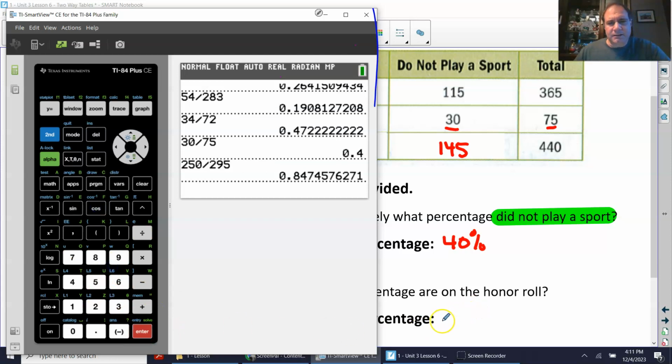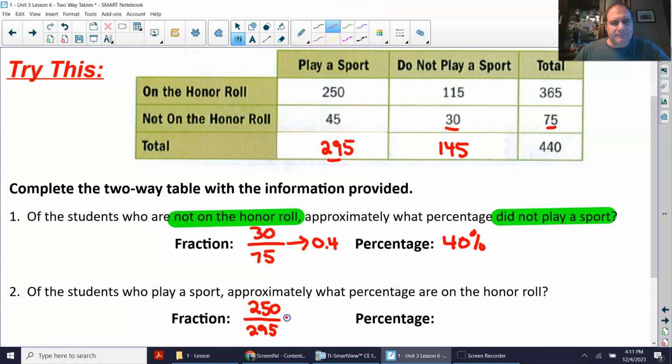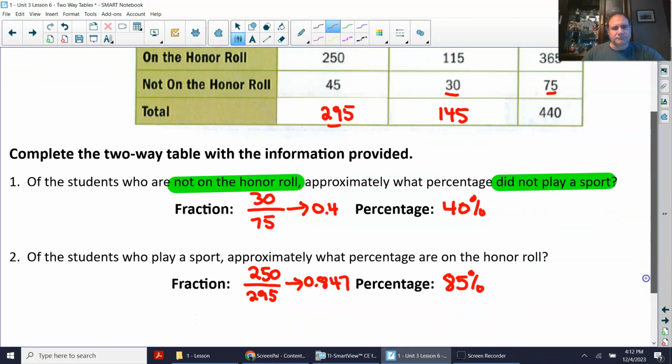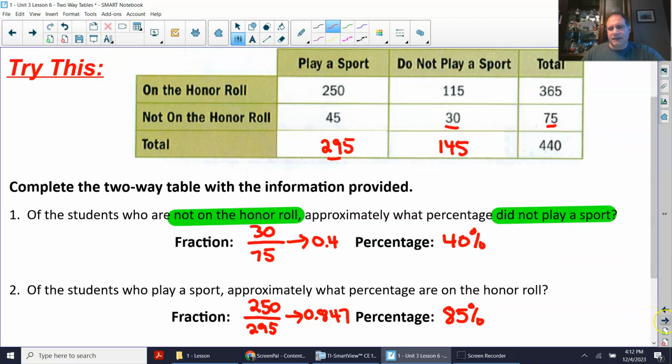And we get 0.847. We're going to move it over 2 places, and we have 84.7%. And I know I said round to the nearest tenth, but let's round to the nearest whole. 85%. And that's it.